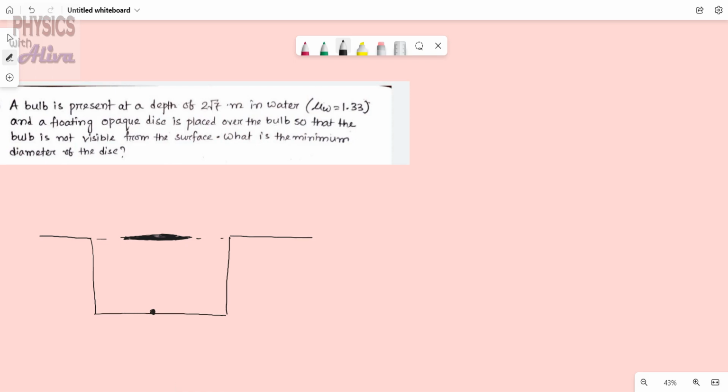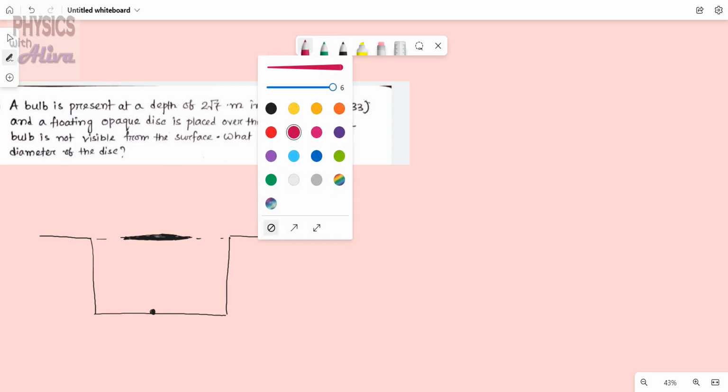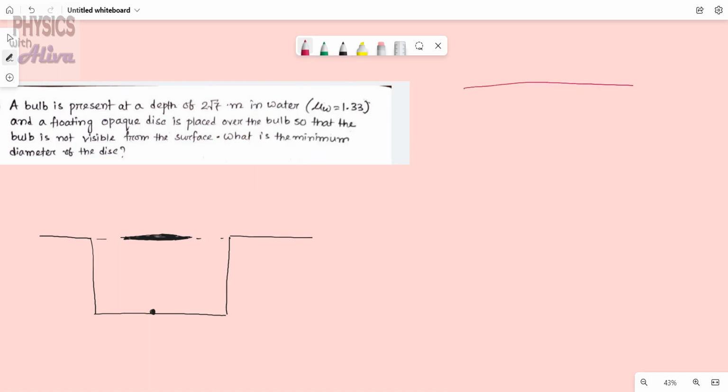Before starting the problem, I will discuss some theory so that it will be easy for you to do the problem. Suppose this is a medium, this is the denser medium and this is the rarer medium, and this is the source of light. Light is going this way and then it will refract.